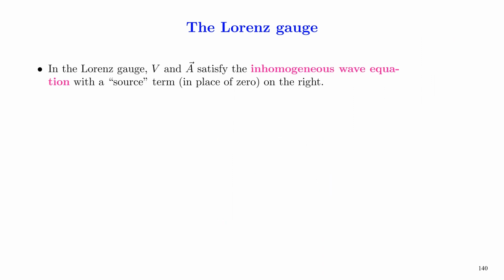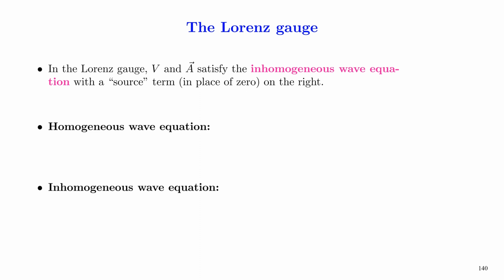Another important aspect regarding the Lorenz gauge is that V and A satisfy the inhomogeneous wave equation with a source term on the right. So we know that the homogeneous wave equation is del square f minus 1 over c square dou square f over dou t square, and on the right hand side we have 0.